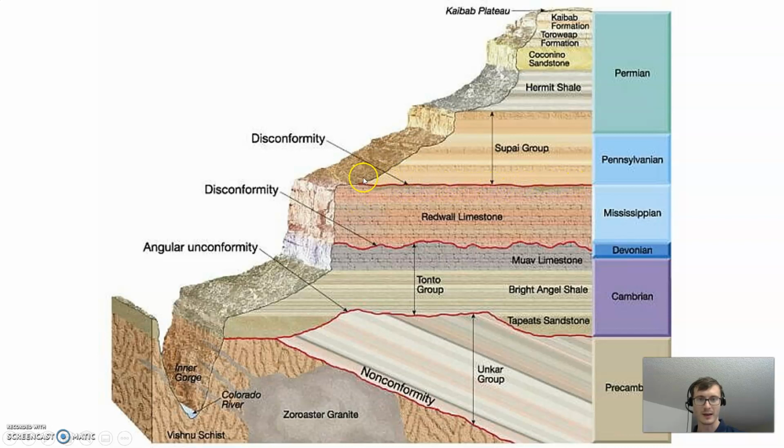You might be tempted to think that this is continuous because these are horizontal, and these are horizontal right here. What is unmistakable, though, is this angular unconformity down here, where we have tilted rocks with flat rocks on top of them. Unmistakable is this giant nonconformity down here, where we have sedimentary rocks on top of non-sedimentary rocks, schist and granite.